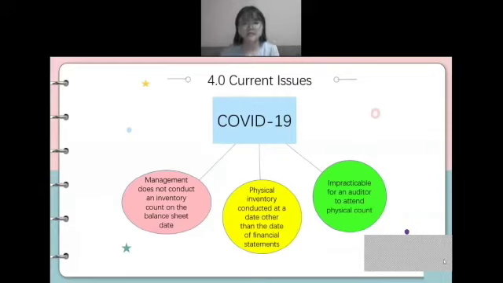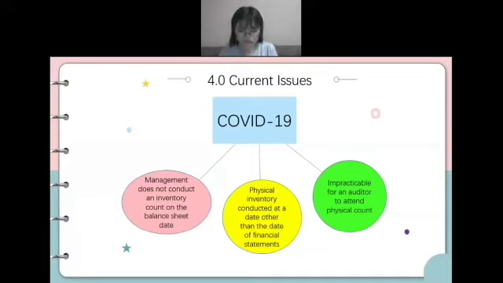Okay, next is physical inventory conducted at a date other than the date of the financial statement. The changes in the inventory between the date of the financial statement and the date of the count are very crucial.